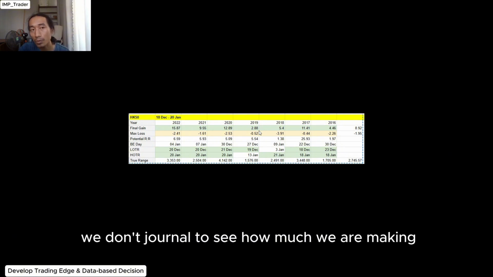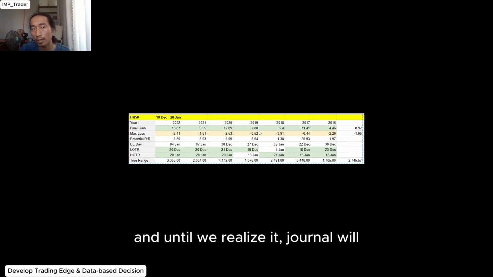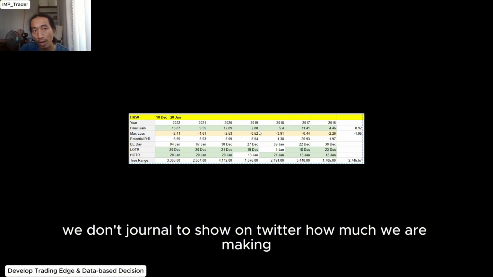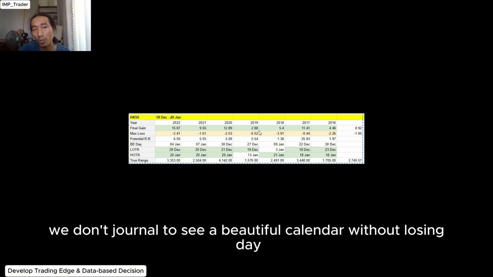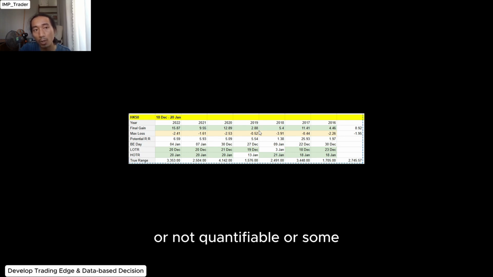We don't journal to see how much we are making. We are journaling to make our edge sharper, and until we realize it, journaling will never make us a better trader. We don't journal to show on Twitter how much we are making. We don't journal to see a beautiful calendar without a losing day. We are journaling by collecting the variables that we can quantify or not quantify, or some variables that only we can quantify.